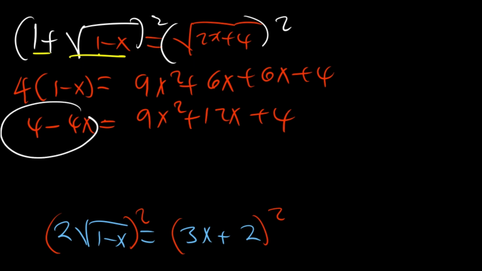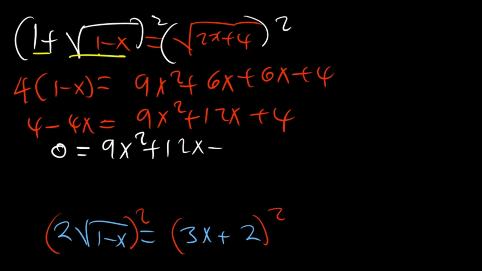Let's shift everything to the right hand side so that we remain with 0, because this is a quadratic equation. x squared and x are appearing here again. 0 is equal to 9x squared plus 12x plus 4, then plus 4 minus 4. This is 4.